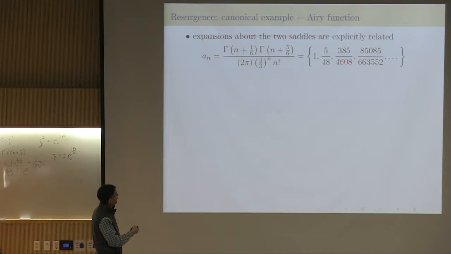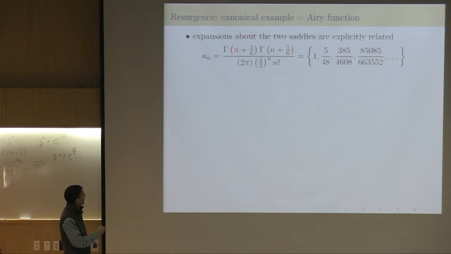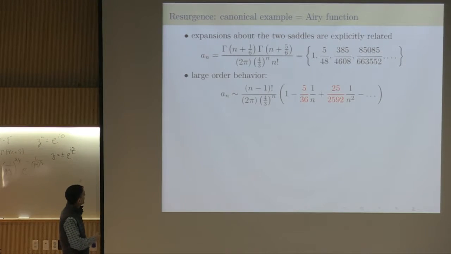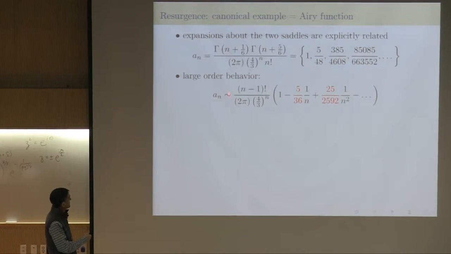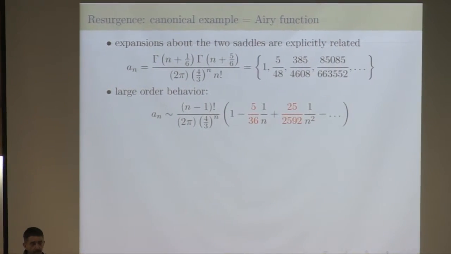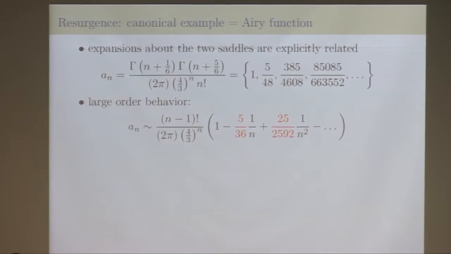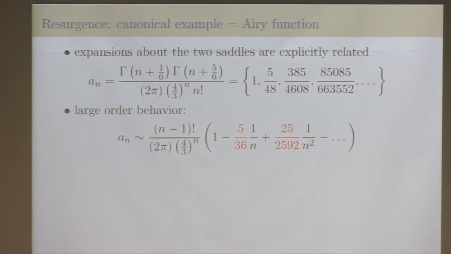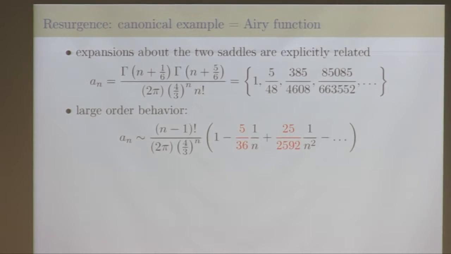So here are the first few coefficients. Clearly, they're growing like n factorial. And if you look at the large order behavior, there's this stuff here, and there are the first two numbers. And you will see immediately that they don't agree with those two numbers. So what am I talking about? The answer is, if I put in a factor of 4/3, it does agree with that.